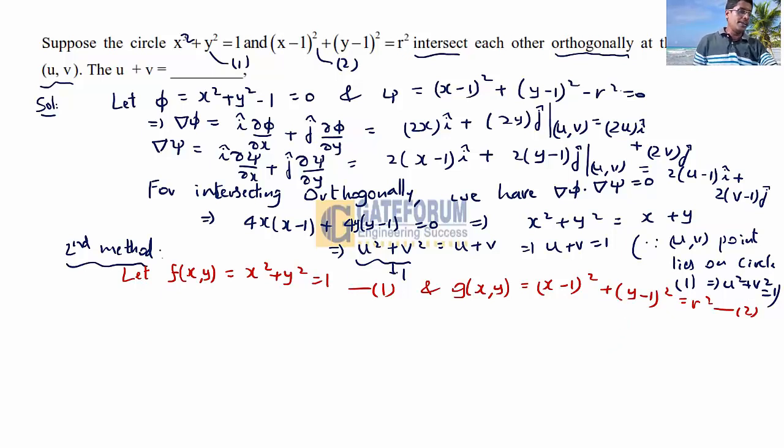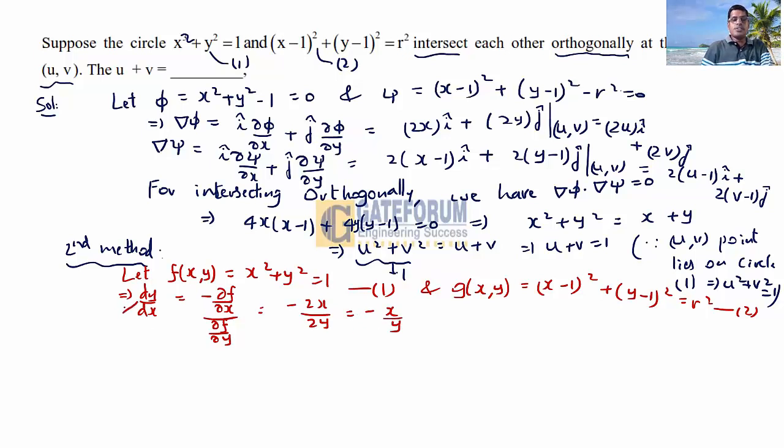Okay. So, in this you will be getting dy by dx. So, minus, according to the partial derivatives ordinary derivative procedure, minus dou f by dou x divided by dou f by dou y. The partial derivative with respect to x is 2x, with respect to y is 2y, so you will be getting minus x by y.